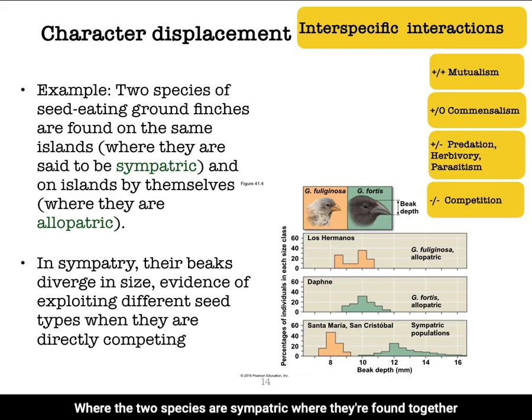Where the 2 species are sympatric, where they're found together, their beaks diverge in size, which is evidence for exploiting different seed types when they are directly competing. When they are found in allopatry, when they're not together, we don't see this beak size divergence. If you look at the evidence on the figure on the slide, this walks through this observation.